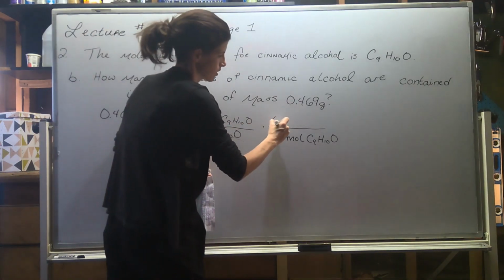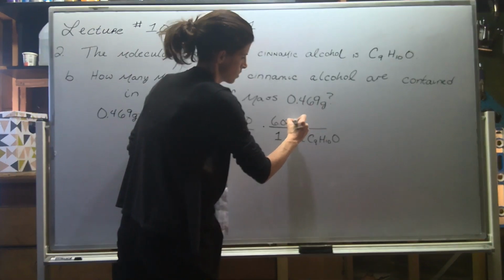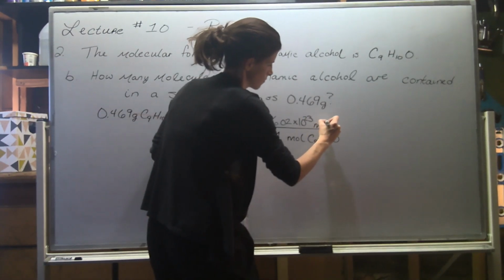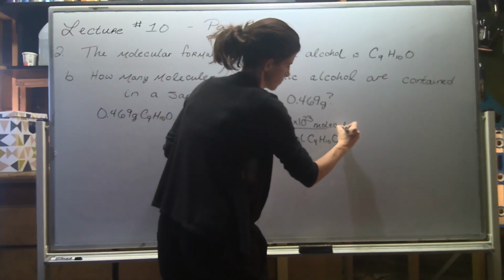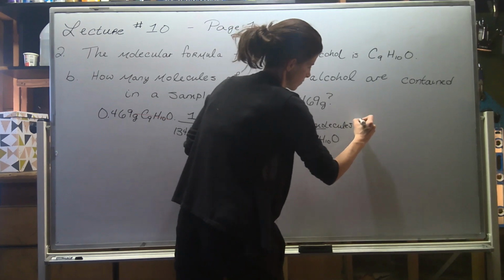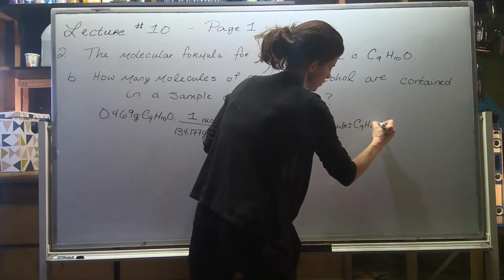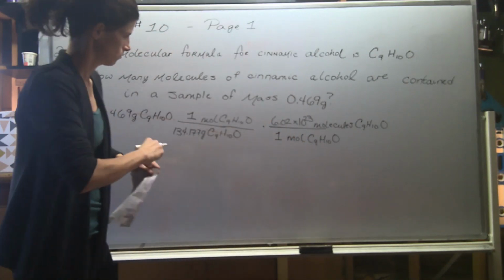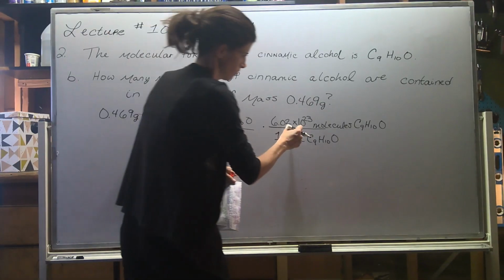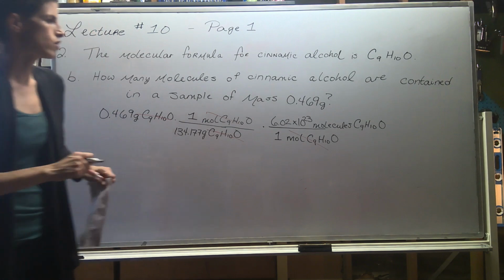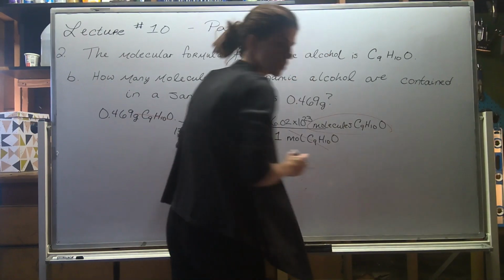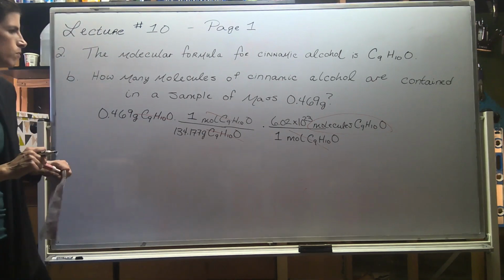So we'll put 6.02 times 10 to the 23rd molecules of C9H10O. All right, so everything's canceling. We're just left with molecules of cinnamonic alcohol, which was our goal.